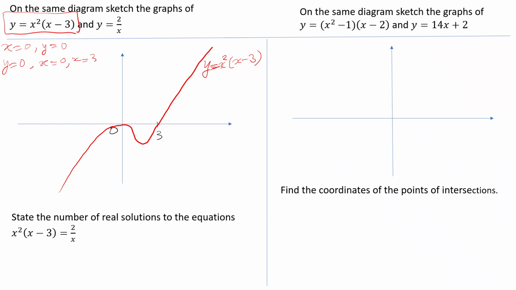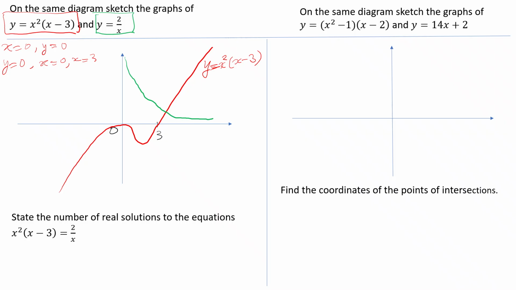The second graph is a reciprocal. When x is a positive value, y is positive, and x equals 0 and y equals 0 are asymptotes. So I'm going to draw the graph with the green line. The graph comes this way, not going to touch the x-axis and y-axis.